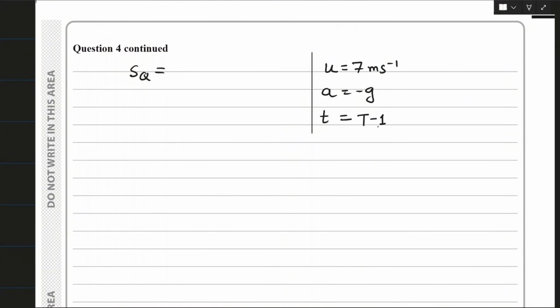So again, using ut plus half at squared, we get an expression for displacement. U is 7, and then we have t minus 1, and then minus half g (t minus 1) squared. This is SQ.